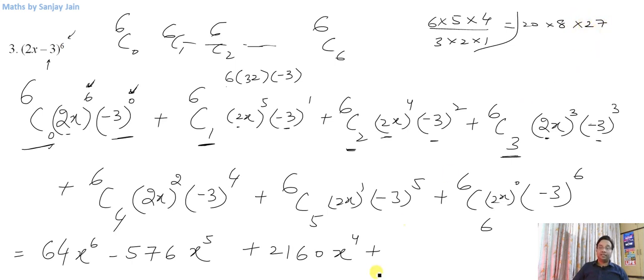We will write a negative sign here. So minus this product. What is this? 8 into 27 is 216, and then multiplied with 20 will give you 4320. x raised to power 3 here.